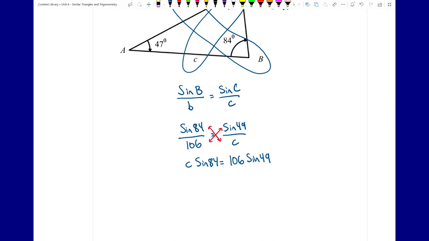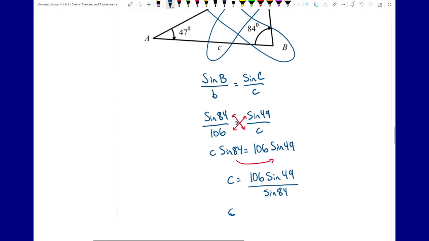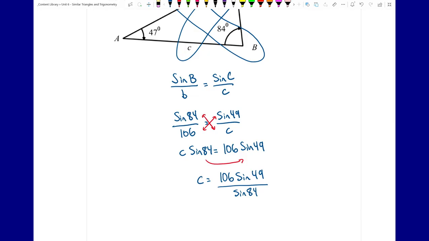I want to get c by itself, so I have to move the sine 84 over, and it becomes division. So c is equal to 106 times sine 49 divided by sine 84. I'll simplify it first. On top we have 79.999.